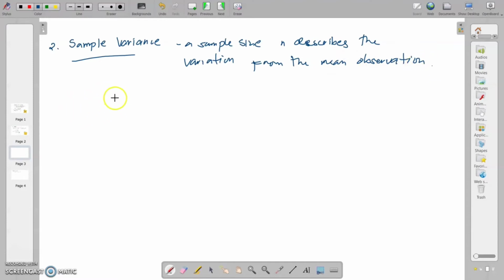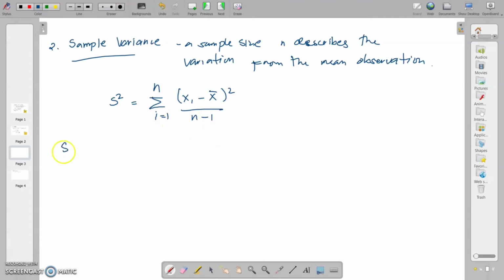So the formula: the sample variance s squared equals the summation of i equals 1 to n of the quantity x sub i minus x bar, squared, over n minus 1.